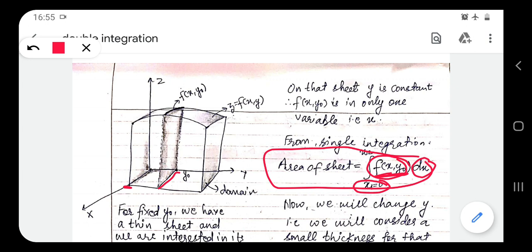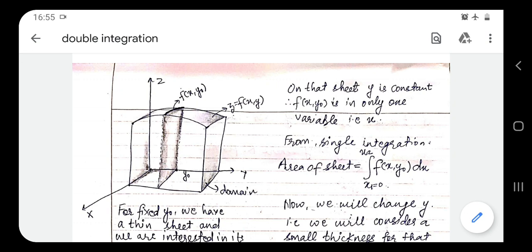So this dx is the width of that single strip drawn like this, and the length is f of x, y naught, and we are integrating this strip.